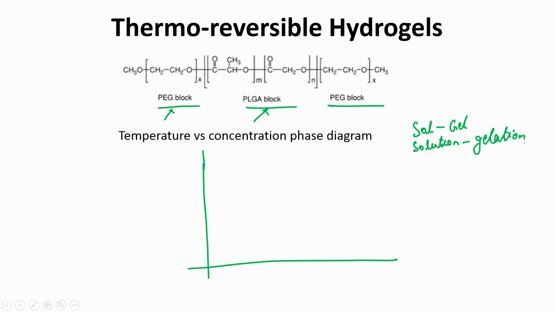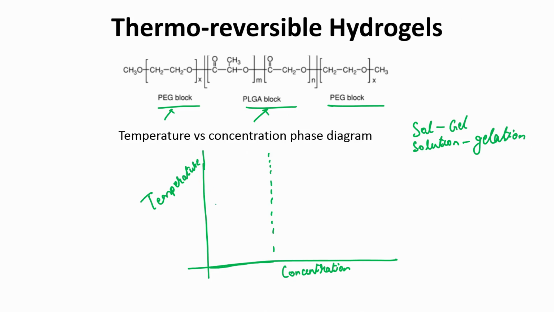So, now if I have to draw this, let us say the y axis is temperature, the x axis is concentration of your polymer. Okay. So, what will happen at lower concentration? Obviously I need a certain amount of concentration for it to gel at all. So, at let us say all the lower concentration there is very little polymer around.